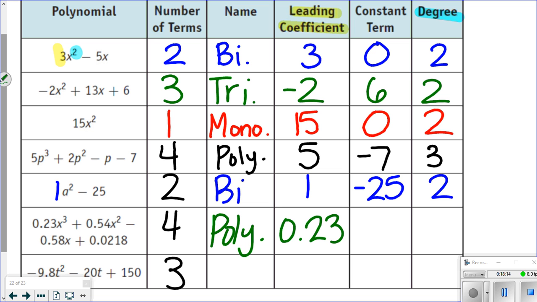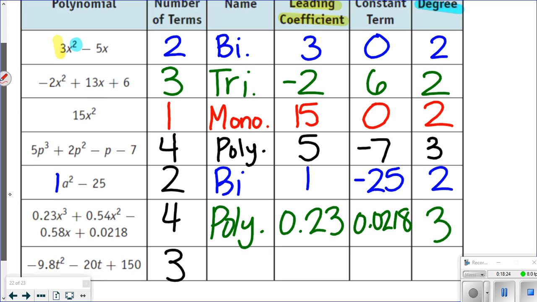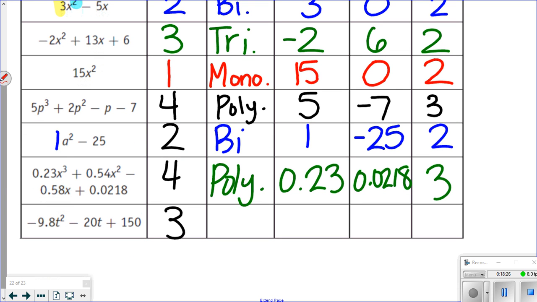Constant term at the end. Biggest exponent is 3. Three terms is a trinomial. Leading coefficient out in front, because it's in standard form, is -9.8. Constant term at the end, the number by itself, is 150. Largest degree, biggest exponent, is 2.